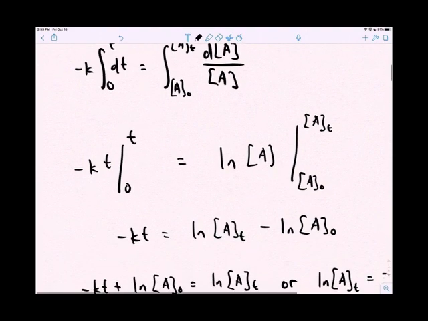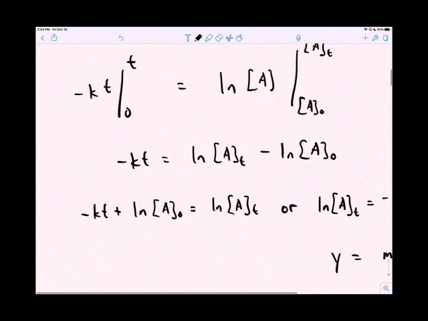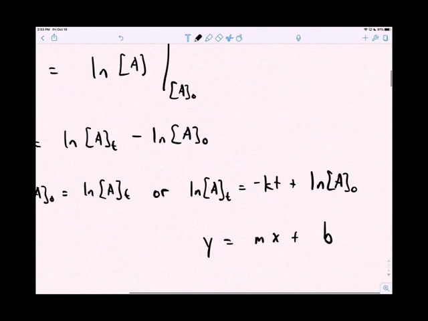And then we have this equation: minus kt is ln A minus ln A0, or you can rearrange it to have your ln of the concentration at time t equals minus kt plus the natural log of the initial concentration.